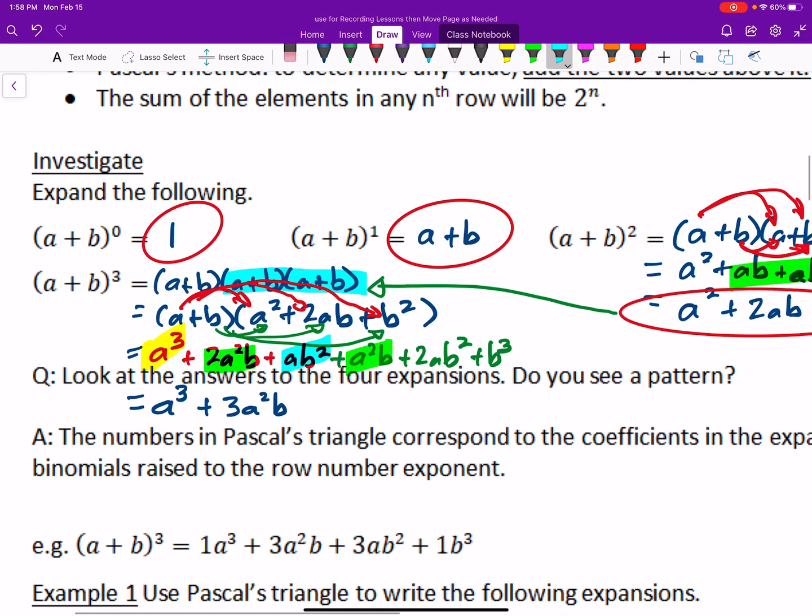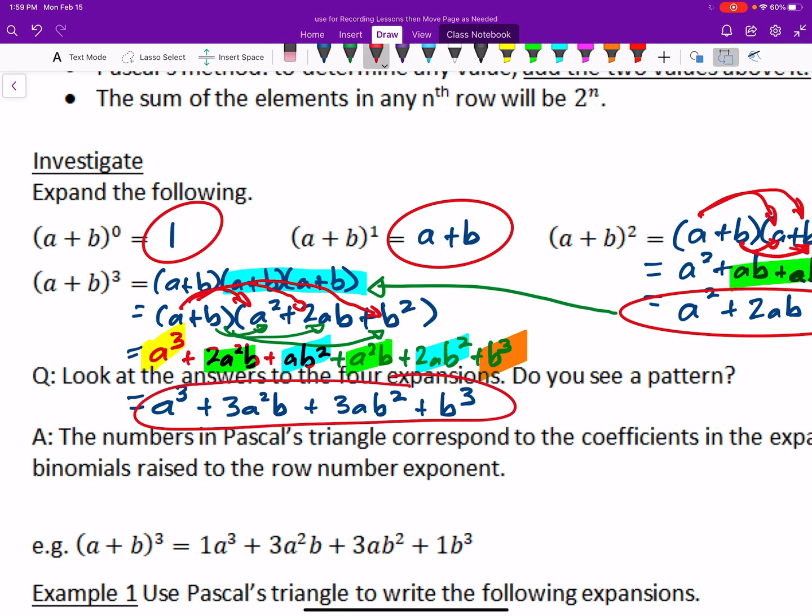So I got an ab squared there, and I got another 2ab squared. So when I add those together, I got 3ab squared. And then finally, I've got my b cubed. So when I combine all my like terms, I've got this one. That was definitely more work. And I even made it a bit easier by taking my answer from a plus b squared to help me out.